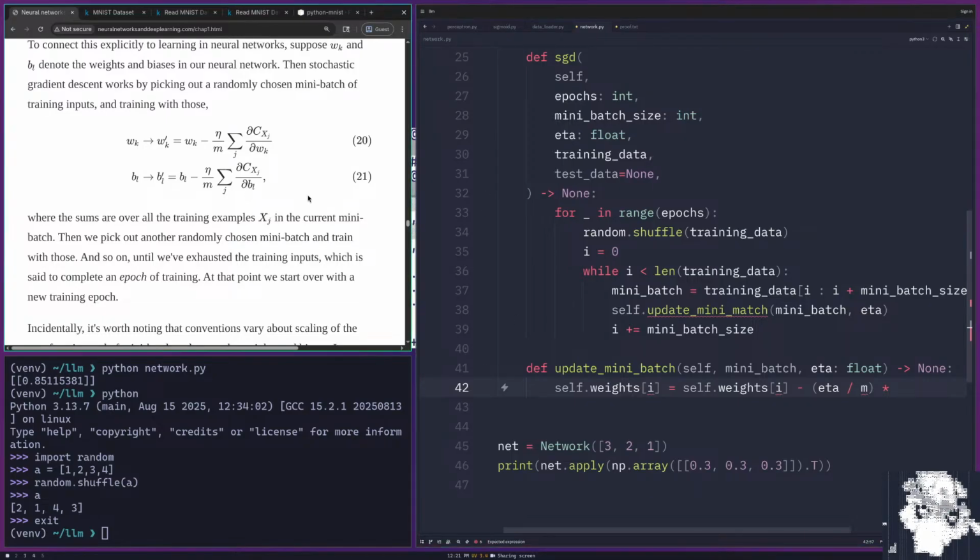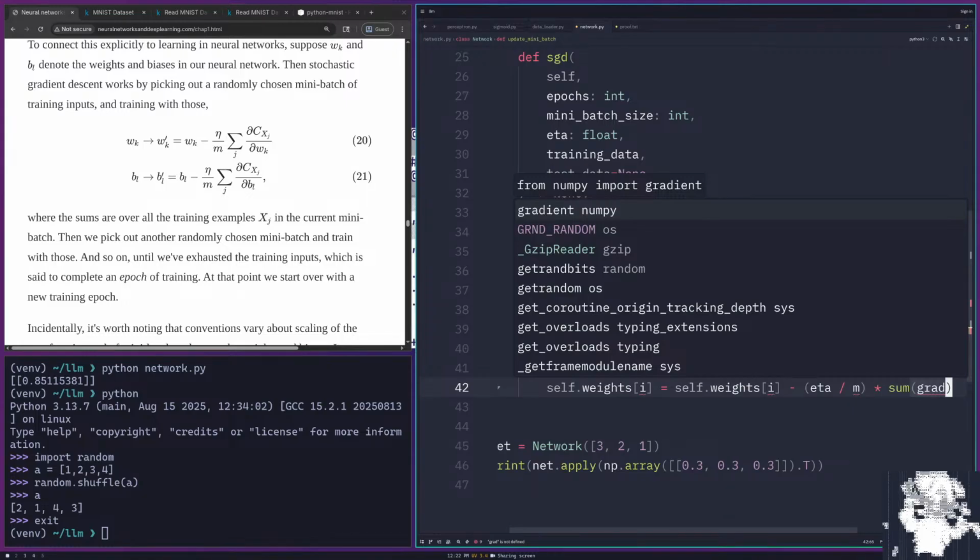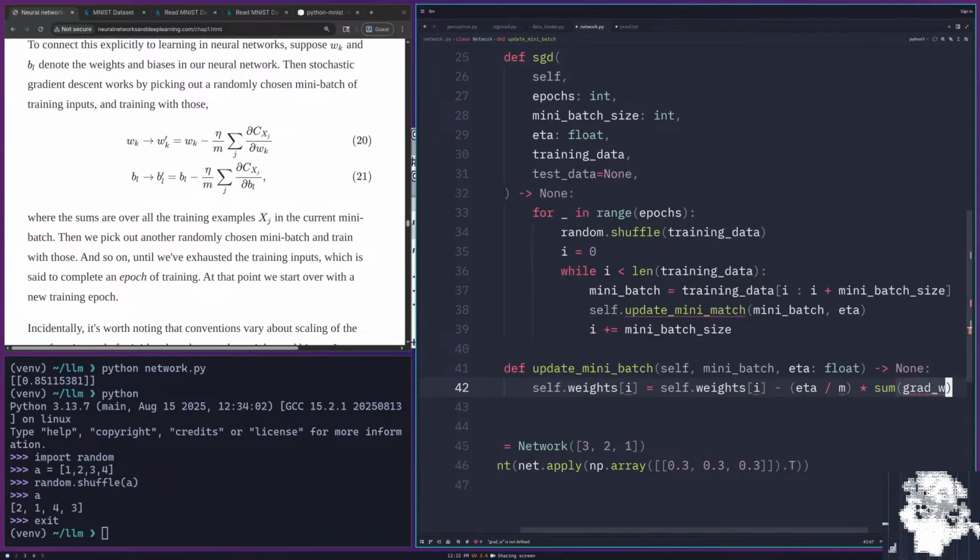This is the sum over j of the gradient of C_xj with respect to this weight. So this is times the sum of gradients of w, right?